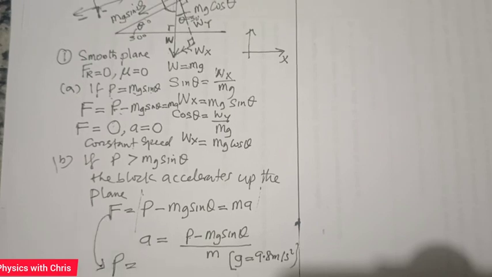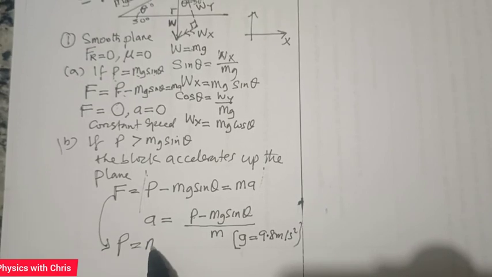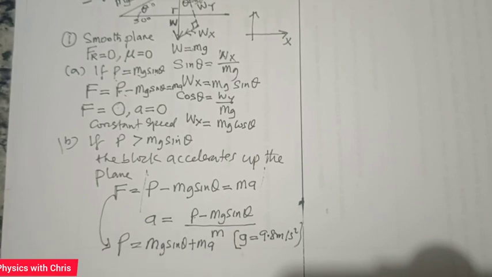If I want to calculate the value of force P, suppose you are given the acceleration, then from this equation, we know that the force P will be equal to mg sine theta plus ma. That gives the value of the force P that pulls the block of mass up the plane.